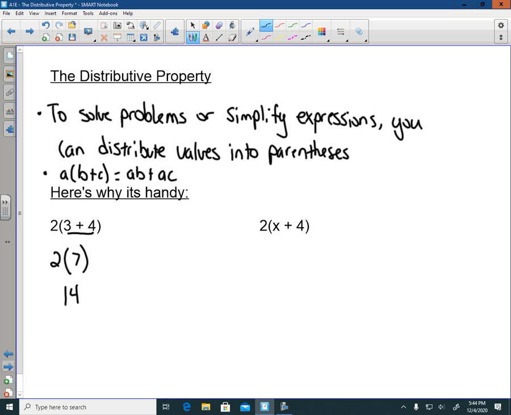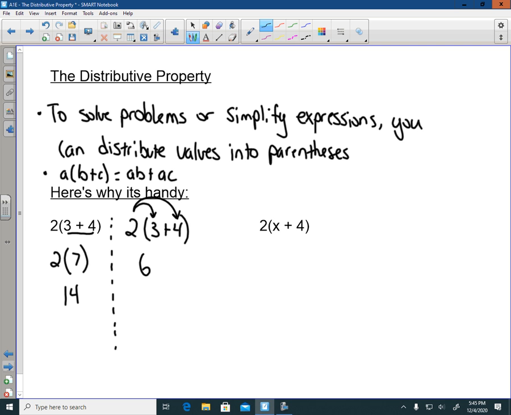But what the distributive property tells us is that we can take this same 2 times (3 plus 4) and distribute that 2 onto the 3 and onto the 4. Here's what I mean. I can take this 2 and multiply it by the 3 and get 6. And then I can take this 2 and multiply it by the 4.